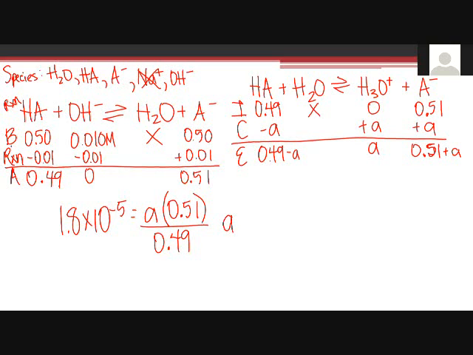So then A, this time, I got to be 1.7 times 10 to the negative 5 molar.